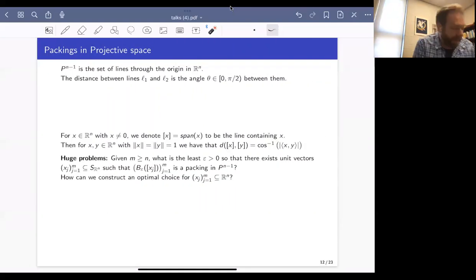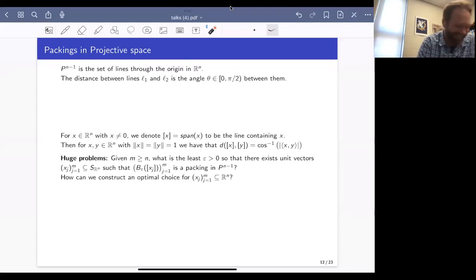So this is a massive problem to determine what are best packings in projective space and how do you construct them? If you have some packing in projective space, how do you know it's optimal? So I feel like I'm preaching to the choir here because I know the organizers of the seminar love this stuff.